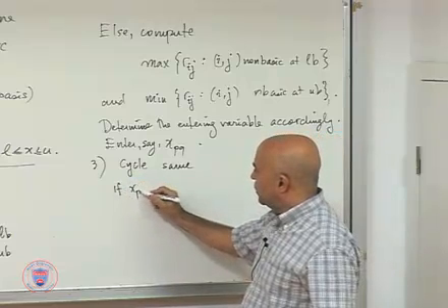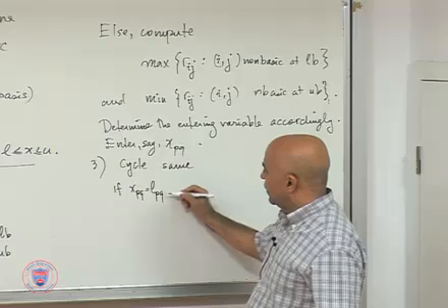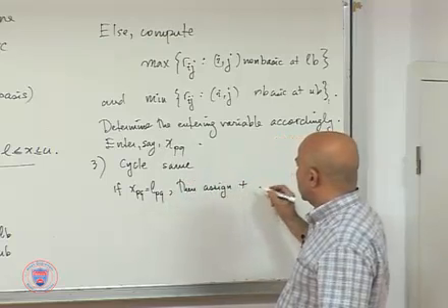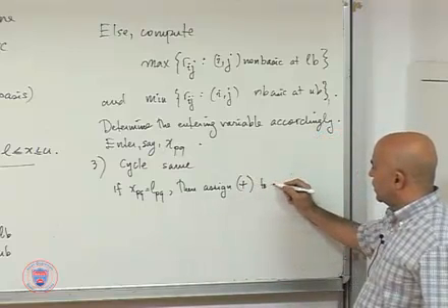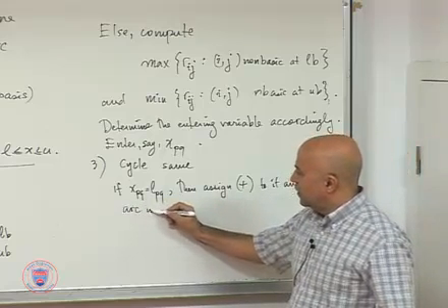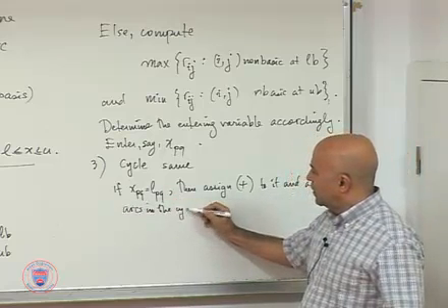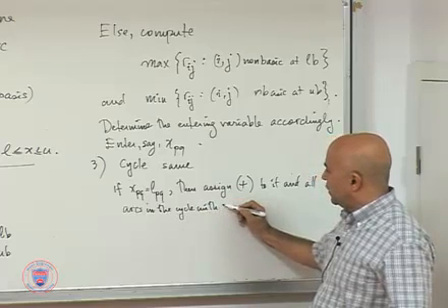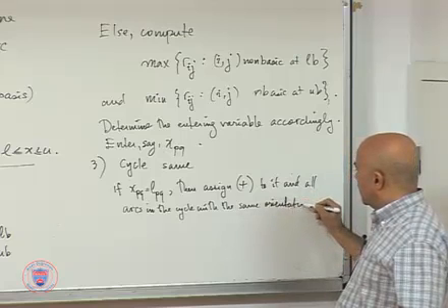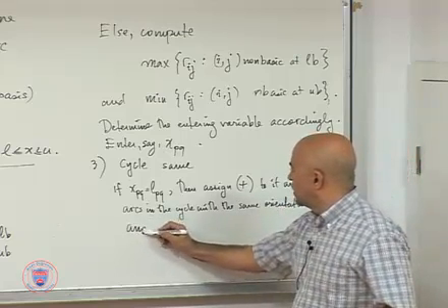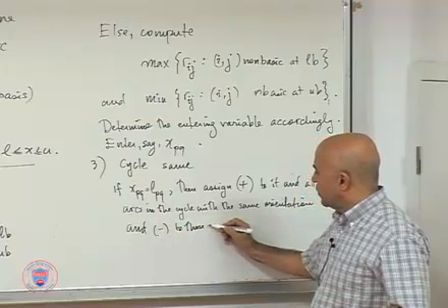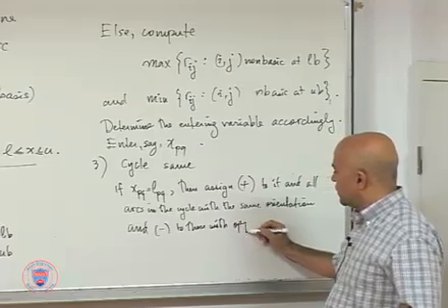If XPQ is at the lower bound, then assign plus label to it and all arcs in the cycle with the same orientation. And minus label to those with opposite orientation.